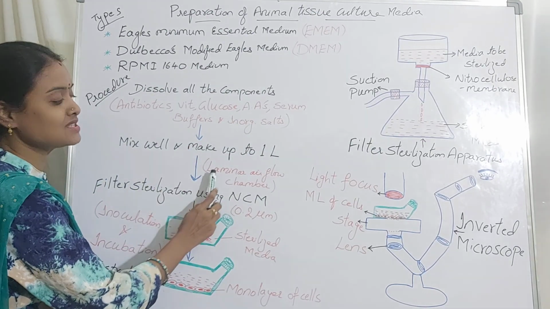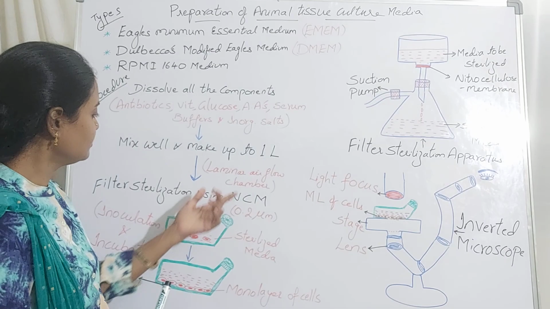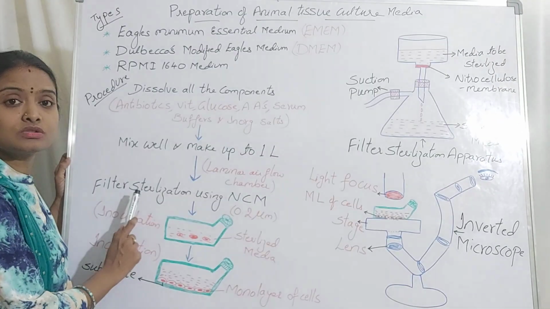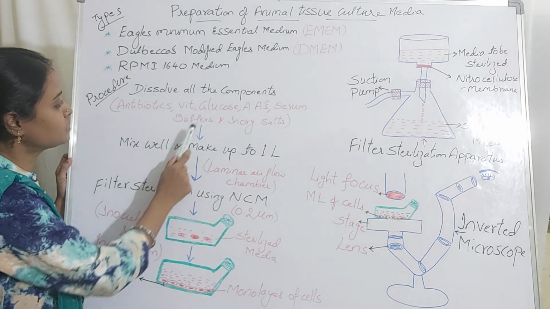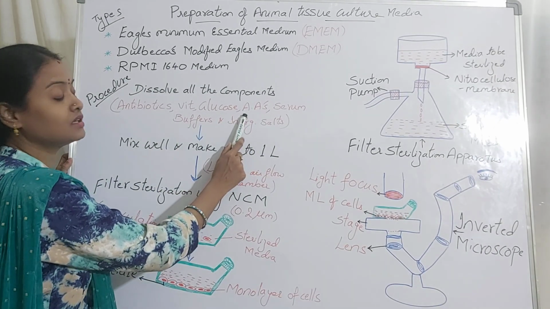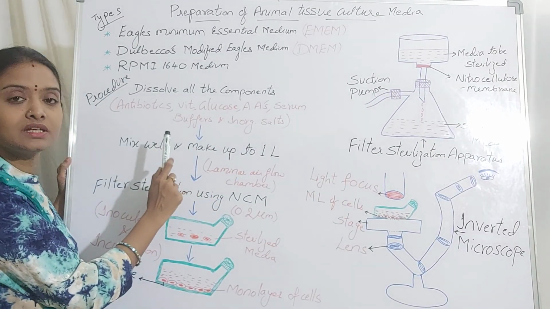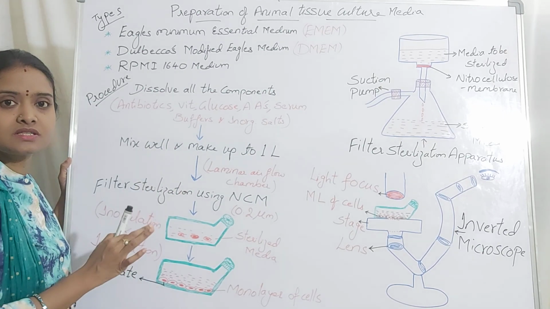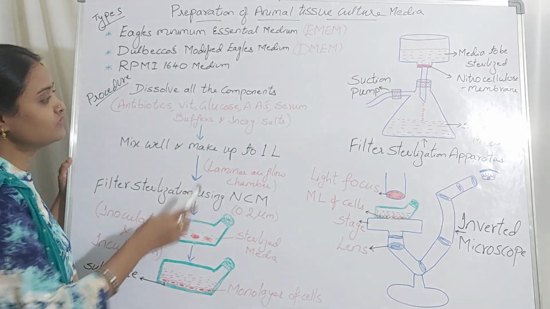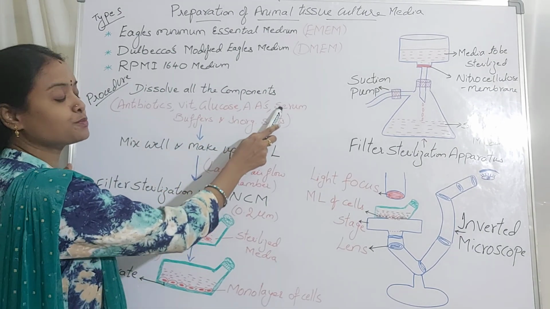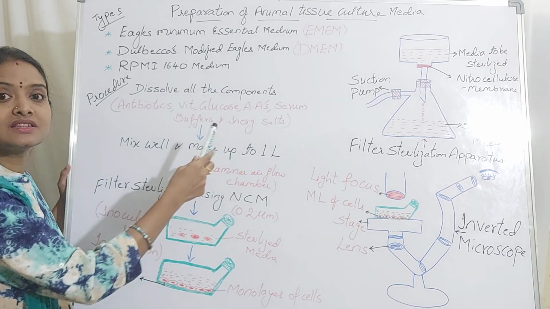Once this laminar airflow is ready, now you are going to sterilize the media. The media consists of heat labile compounds. Heat labile means the substances or compounds which are sensitive to heat, right? Substances like amino acids, proteins, serum are heat labile.